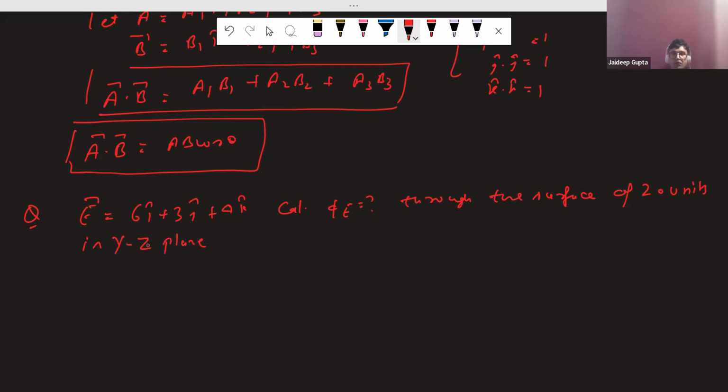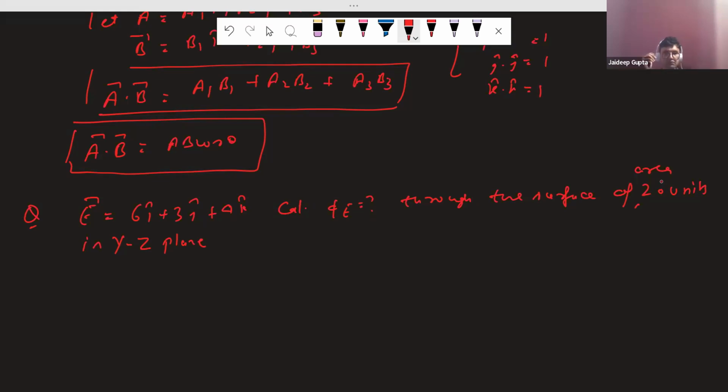So what is the direction of the area vector? If it is the YZ plane, what is the direction of the area vector, Iram?